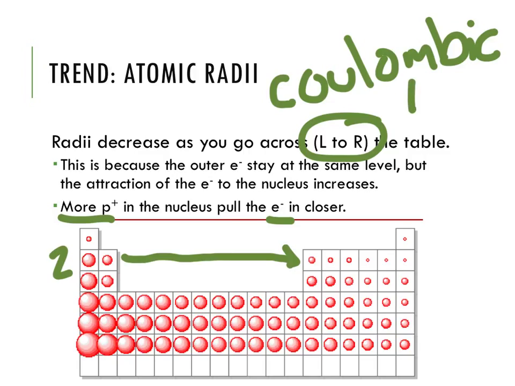It's the attraction between something that's positive and something that's negative, is a Coulombic attraction. So those positive protons really like those negative electrons, and when we have a lot more protons than their counterparts earlier in the period, they will pull more strongly on the electrons, drawing them in closer, making the atoms smaller.